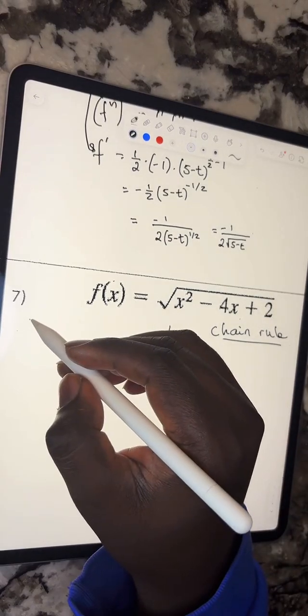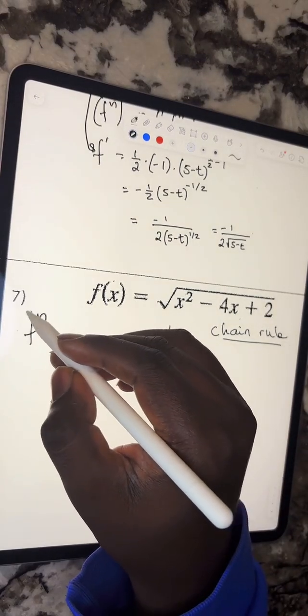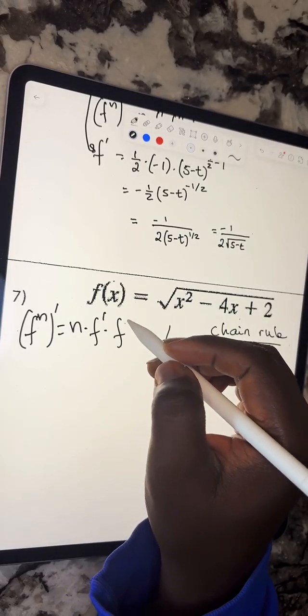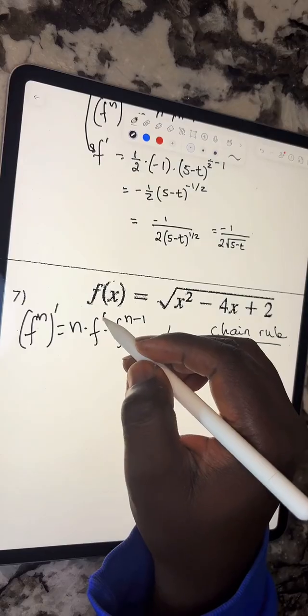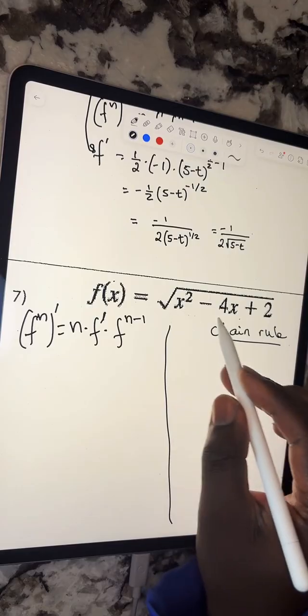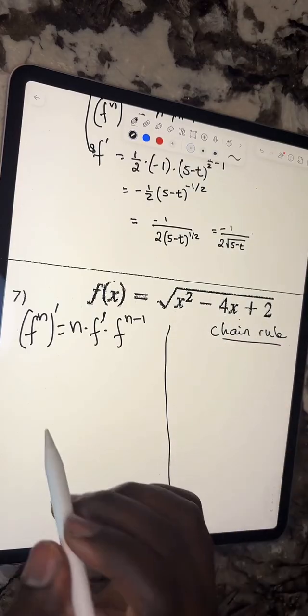And here I would have f to the power of n prime, that's n times f prime times f to the power of n minus 1. Okay? So which means that now the first thing that I'm going to have to do here is rewrite this whole thing.